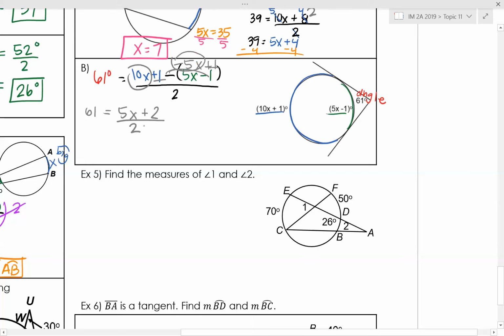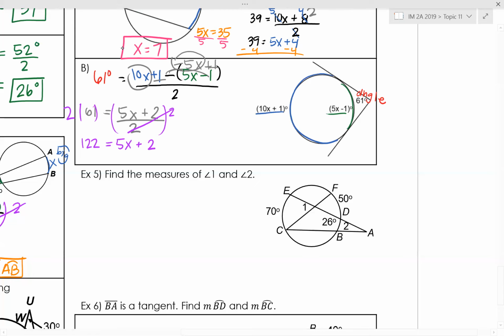So notice that dividing both of these by 2 is not an option because 5 is not divisible by 2. So that means that we're going to do this the old way and just multiply both sides by 2 to get x by itself. So 2 times 61 is going to give us 122. The 2 is going to cancel, so that's 5x plus 2.